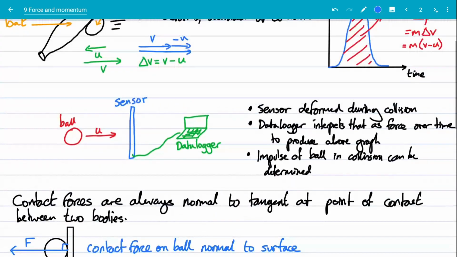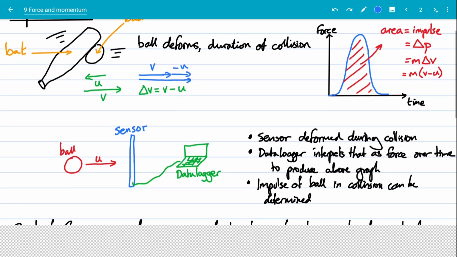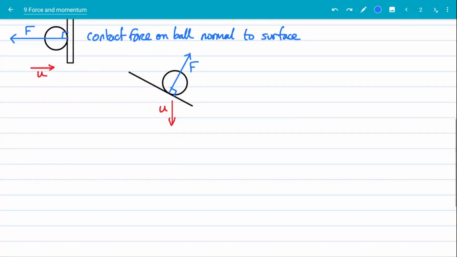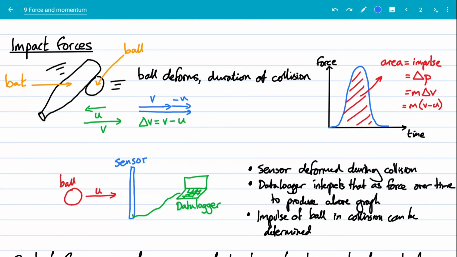Okay, F is going to be, and we can see this from the equations up here, that F is going to be parallel to V minus U, the change in velocity. Just like that, because t is a scalar, the duration is a scalar, and m is a scalar.